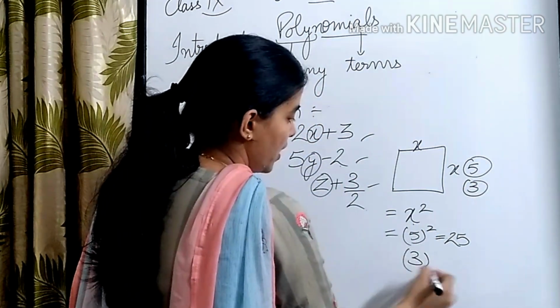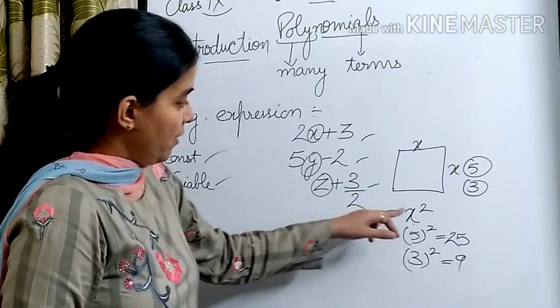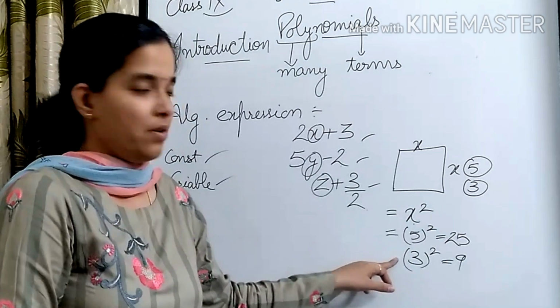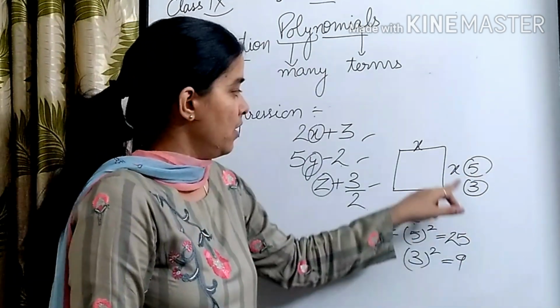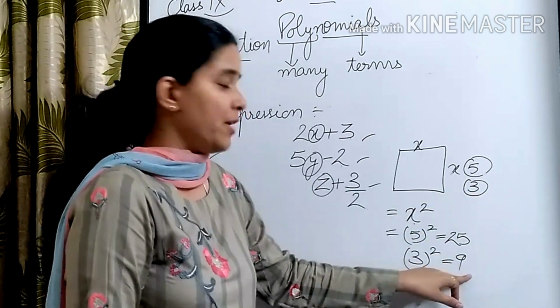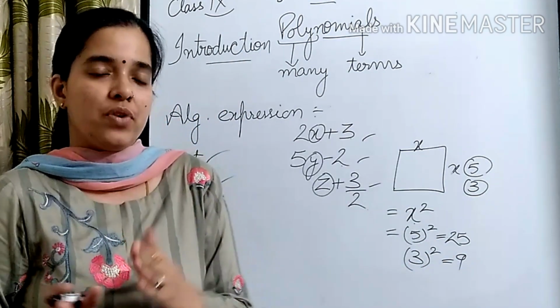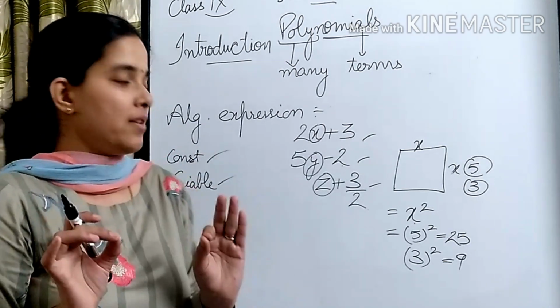It will become 3 square is equal to 9. So what you have seen, the value of x square is changing with the situation. Whenever x is 5, the answer became 25. Whenever x is 3, it became 9. That means variables depend upon the situation and they vary. But the constant remains the same.